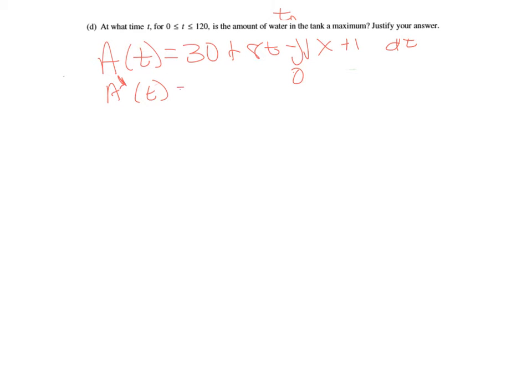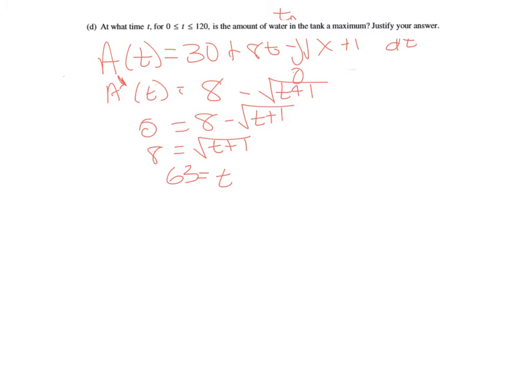Derivative of 30 is 0, derivative of 8t is 8, so 8 minus the square root of t plus 1. We're setting that equal to 0. So then 8 equals the square root of t plus 1. So we get t equals 63.